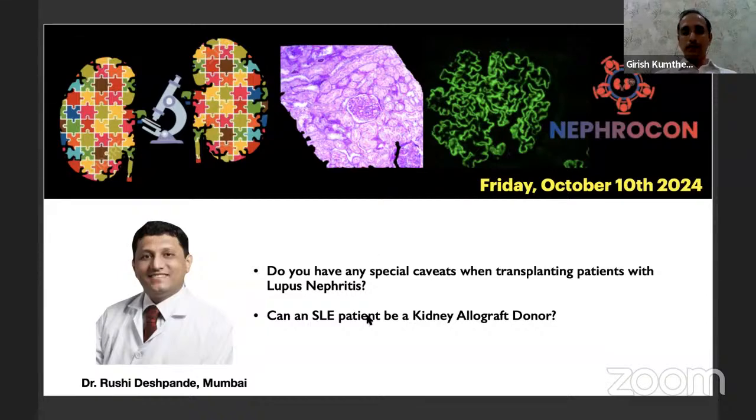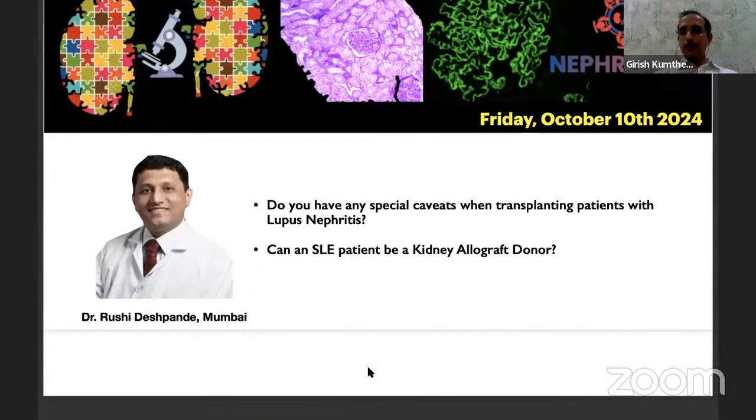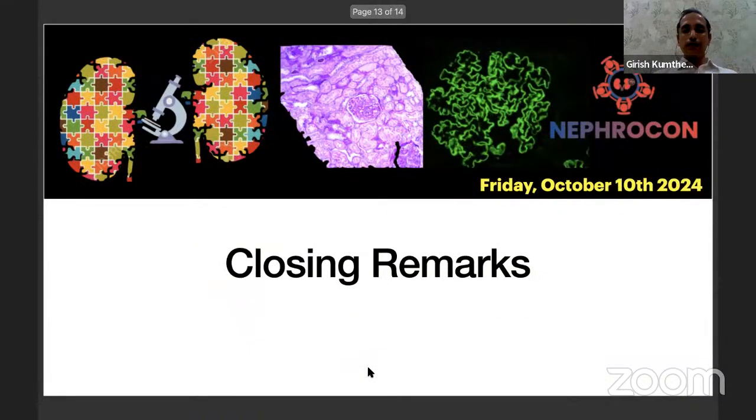All these days we are focusing on the cellular components of lupus, but as the discussion is going on, we need to find some more biomarkers which will guide us for better management of these patients. The take home is it's a disease in evolution, and we'll keep on discussing these things more often. Thank you very much, Rishi sir and Santosh sir.